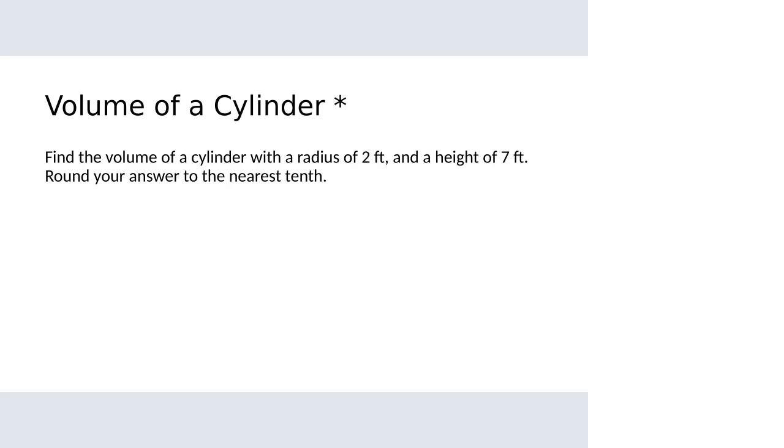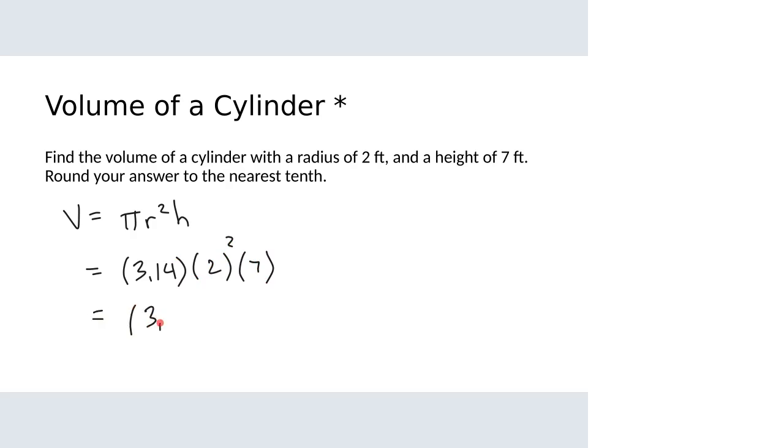All right, so let's take a look at this one. The volume of a cylinder is pi r squared h. Here, that's going to be 3.14 times our radius, which is 2 feet, squared, multiplied by the height of 7 feet. So we've got 3.14 times 2 squared, which is 4, times 7.